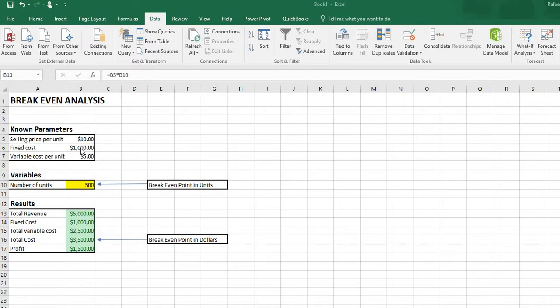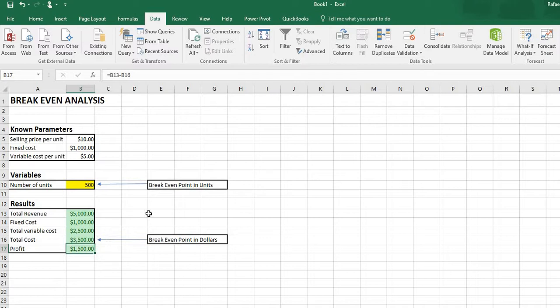Fixed cost would be the rent or any other fixed cost for that matter. Total variable cost would be the $5 per unit multiplied by however many units you sold or bought. Total cost would be the fixed cost plus the variable cost. And then, of course, the profit. The profit is the total revenue minus the total cost.